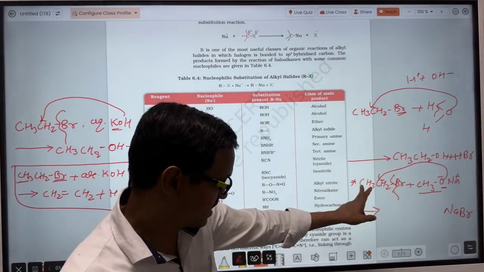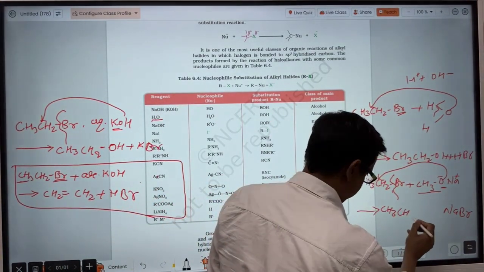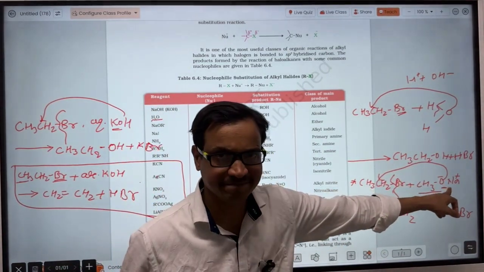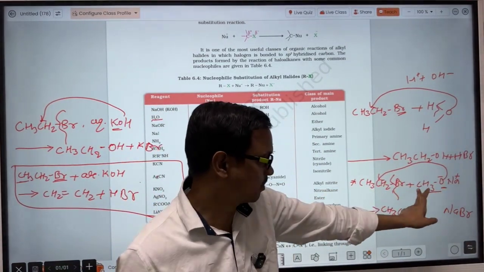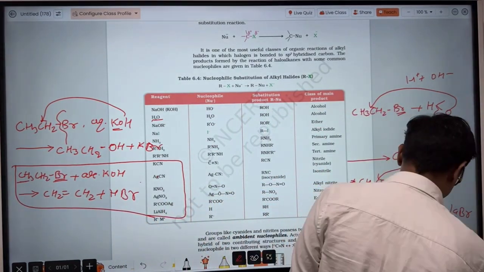Now what's the structure? This CH3, CH2. Now this CH2 is bonded to this oxygen, and that oxygen is bonded to the methyl part.